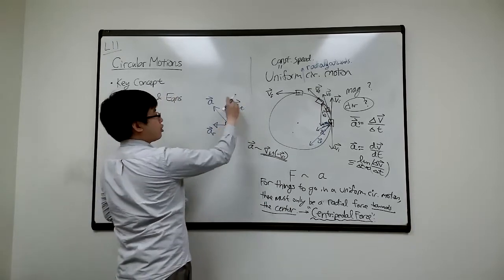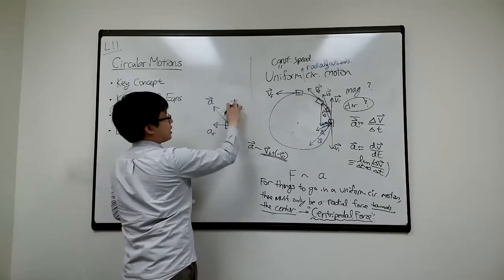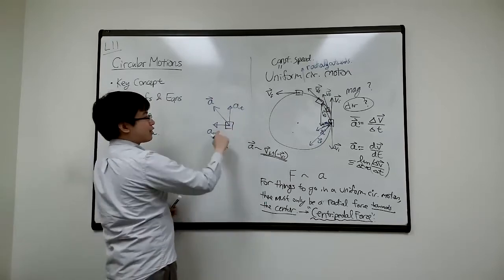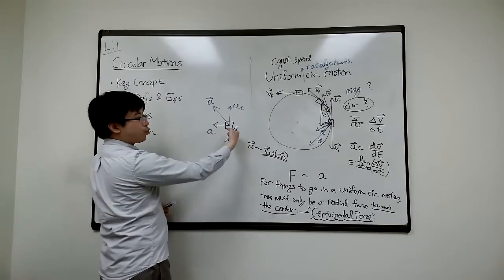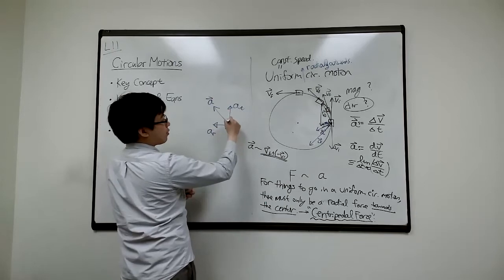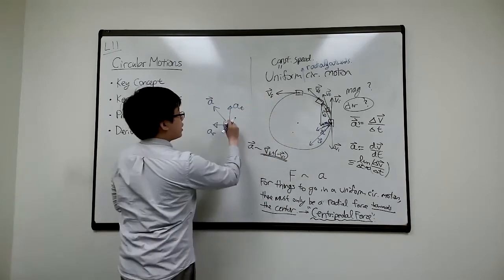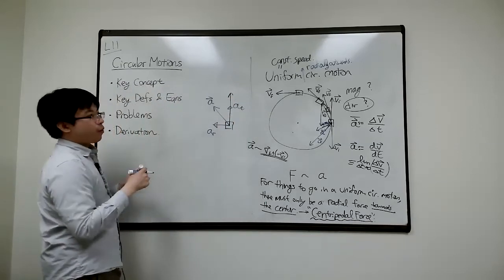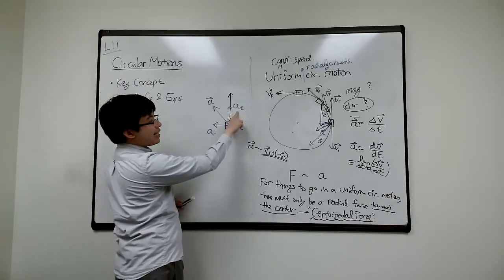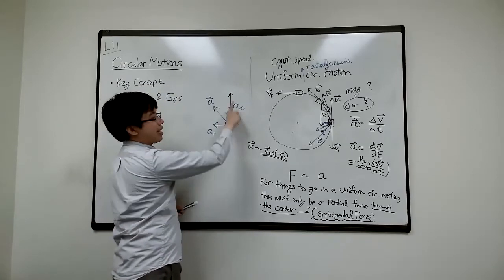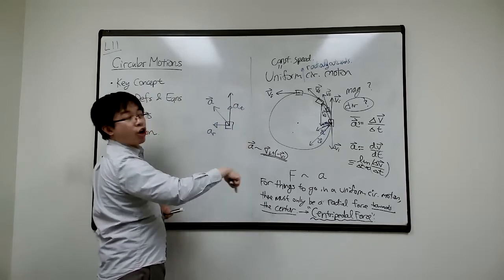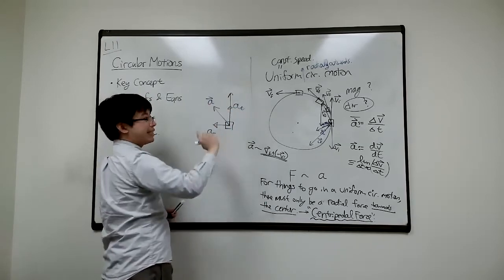Let's make these components, right? The velocity vector is also going forward, so the object's trying to go forward. If I have any tangential acceleration, it's going to make it go forward faster. But that's not what we want. We want a uniform speed.